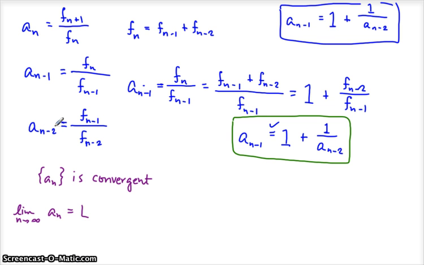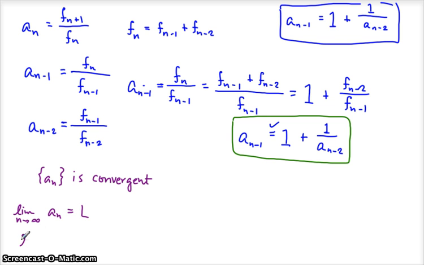Because a sub n, again, is just a way of expressing this ratio between two subsequent months. And if you look, when we had a sub n minus 1, it's 2 subsequent months, and the same thing with n minus 2, 2 subsequent months. So as we're heading towards infinity, these three essentially become one and the same.